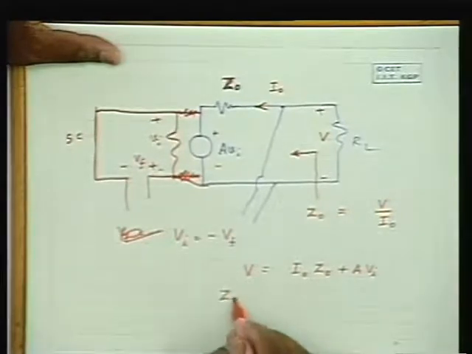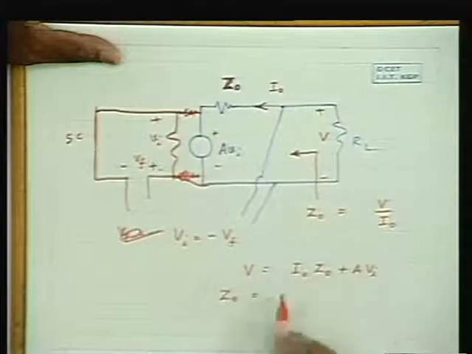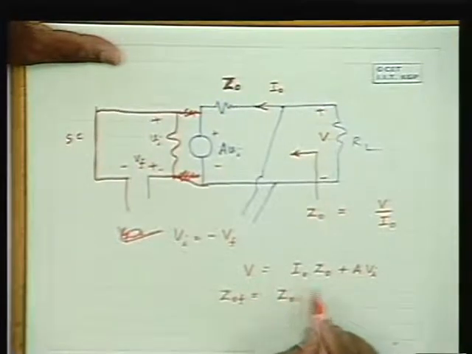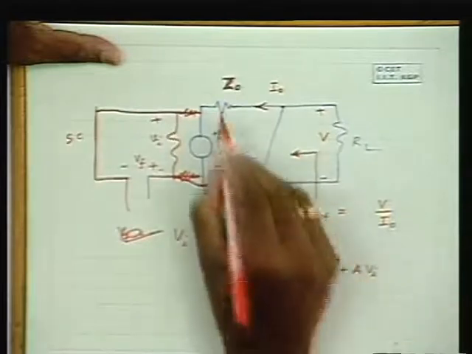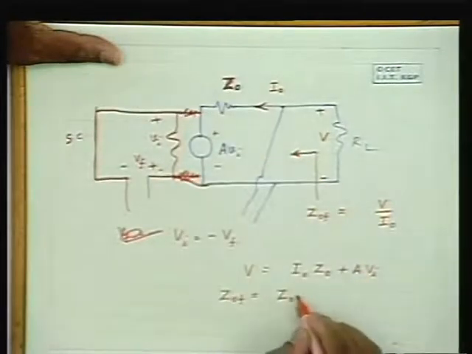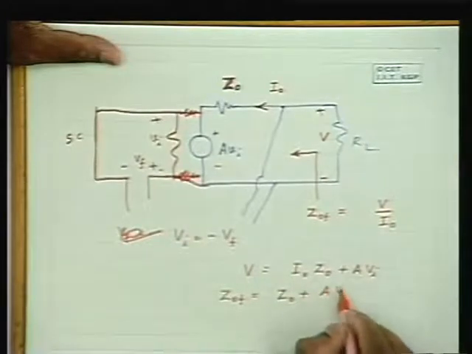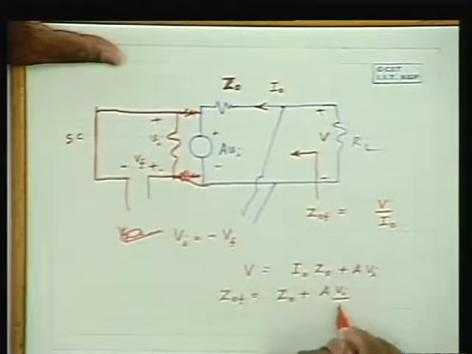Therefore, dividing this equation by I naught, I will get Z naught, let me call it ZOF, because this is ZO, as Z naught plus A Vi by I naught.